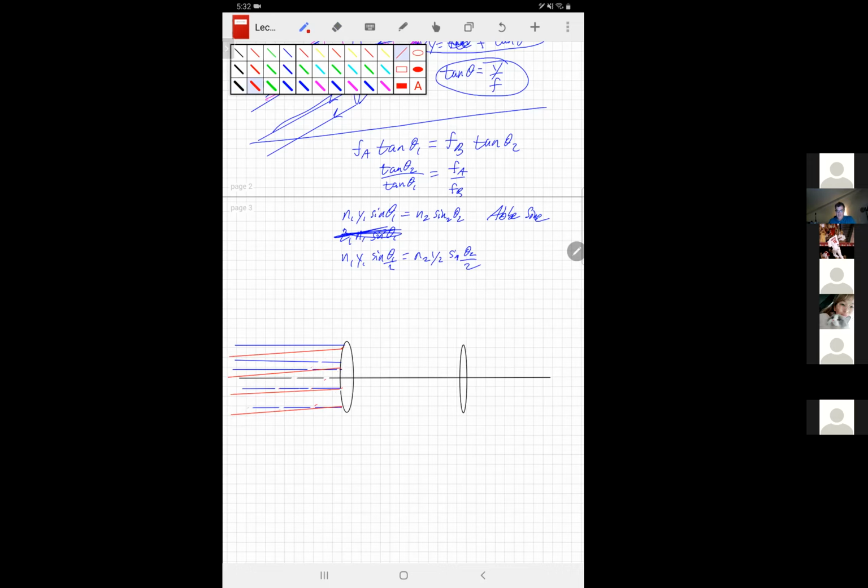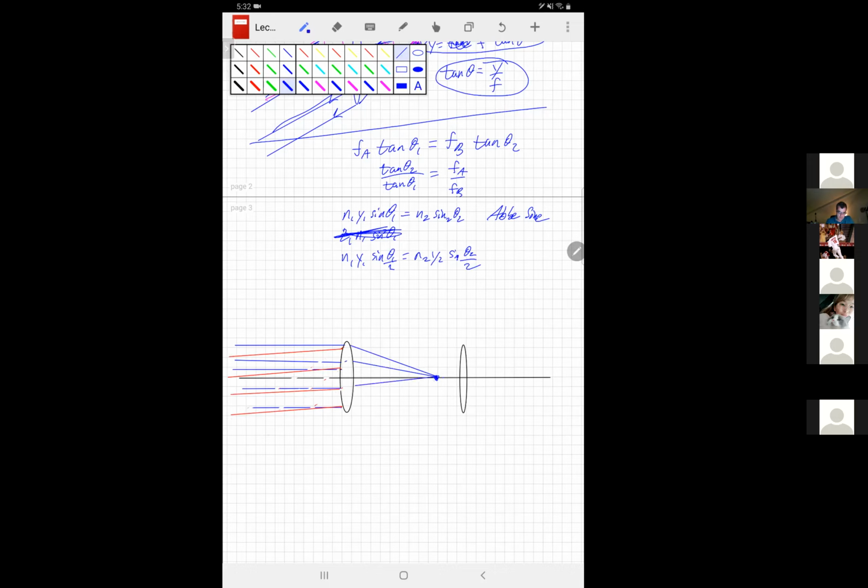All right, so these things, because they're making such close angles with each other, looking up at them in the sky, they would seem like they're almost at the same point. Well, what would happen is that the first star would form its image, say, here. All of those rays would come together there.